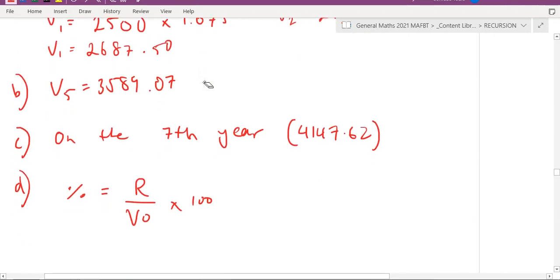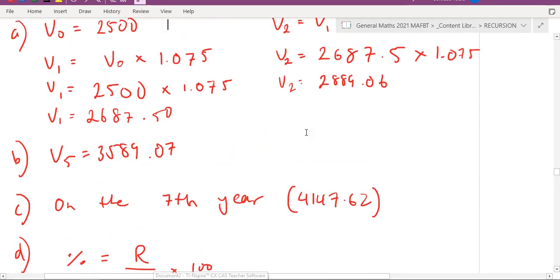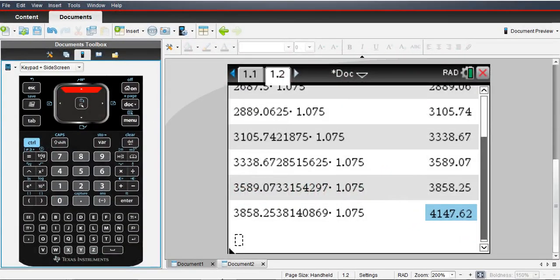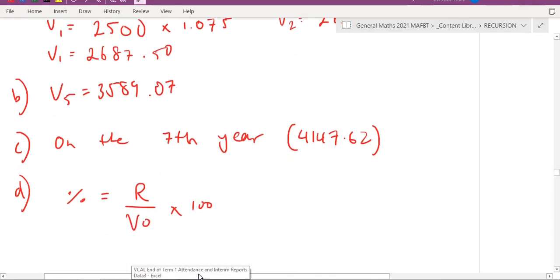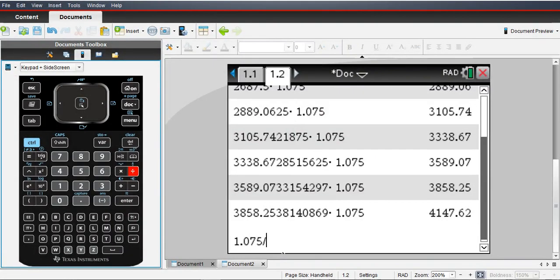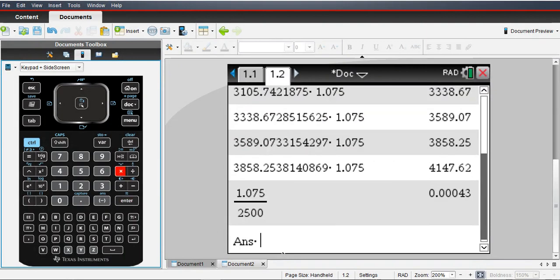Yeah, you can reverse it, but some people want to use a formula for that as well. So this is what I've come up with. On my calculator, the R value is 1.075, then divide that by V0, which was 2,500, and then multiply that by 100.